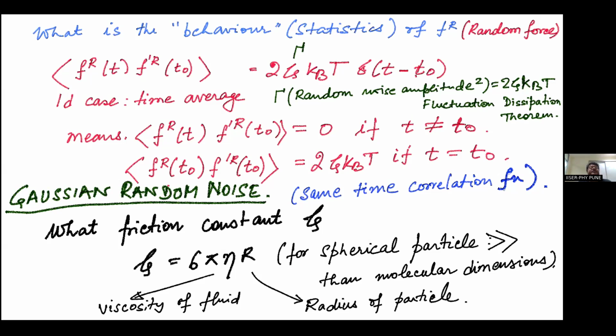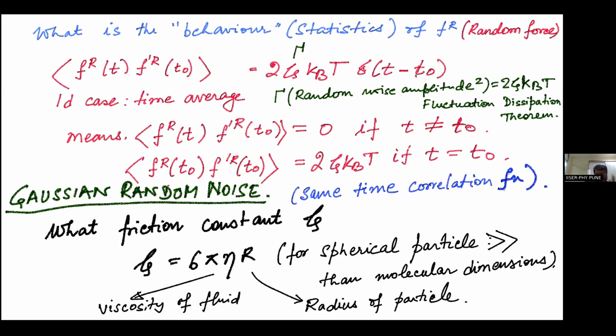Of course, it's distributed. When I say the amplitude increases, I don't mean that at each instant it's larger. There are small forces and large forces. It's Gaussian distributed. What I mean is that the standard deviation, the variance of this force increases, right?